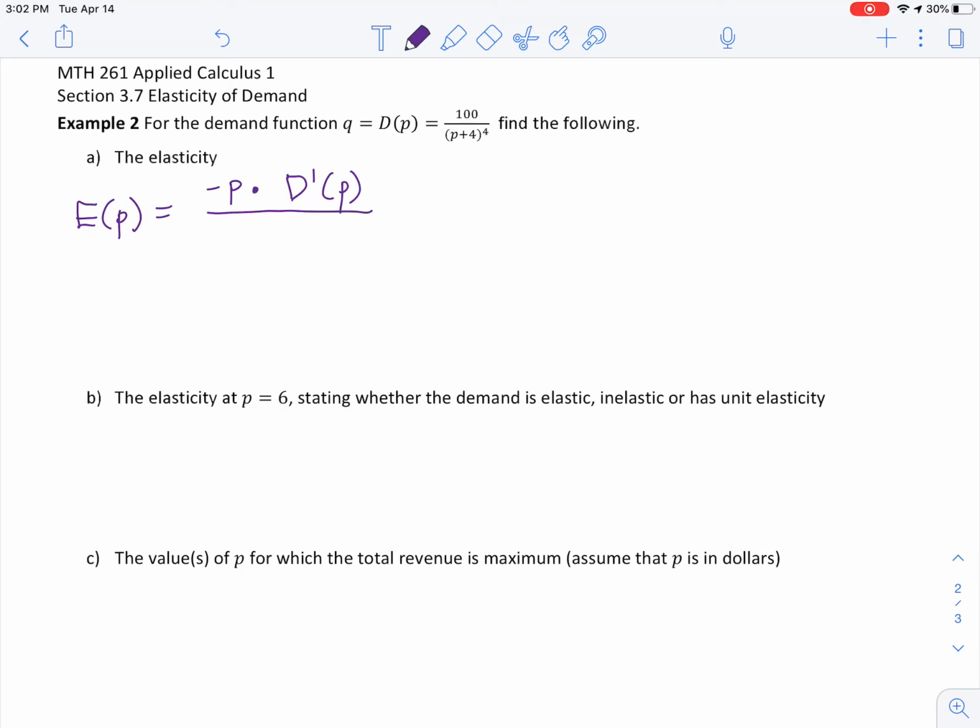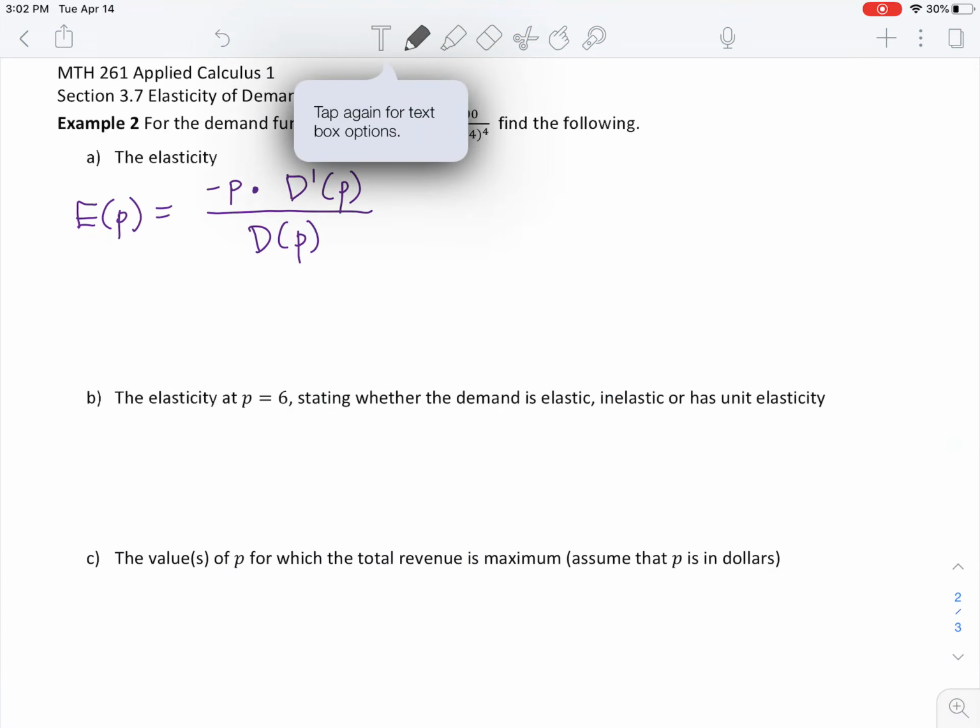I sometimes get distracted. But anyways, let me go back to the elasticity of demand. So I'm dividing this by D of p. Alrighty. So we need to first find the derivative function. What is the derivative of D of p?